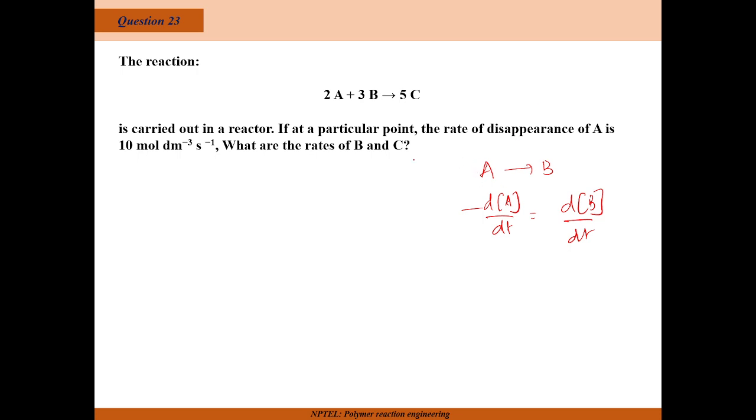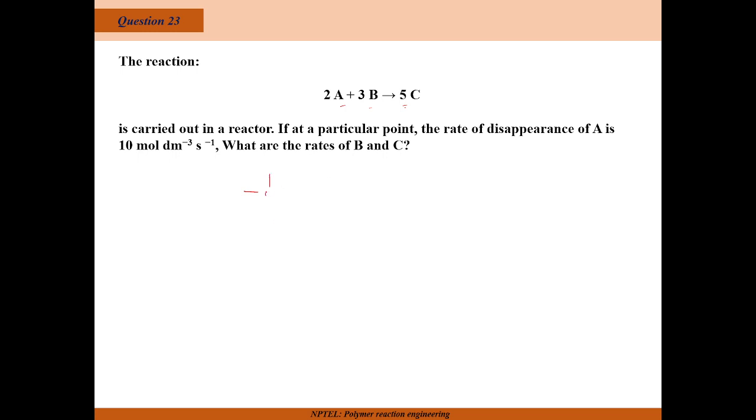Now we can move from this simple case to a comparatively more complicated case where we are having 2A plus 3B is equal to 5C. Here, the general convention to write is that these two are disappearing while this one is appearing.